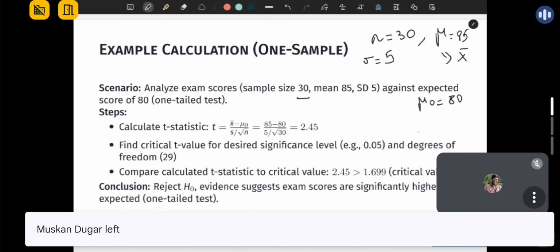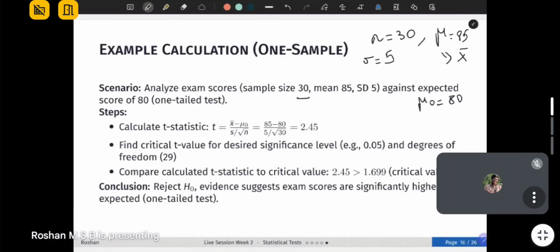So what will be my alternate hypothesis? It's a one-tailed test.